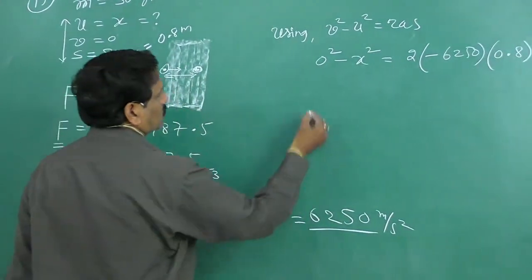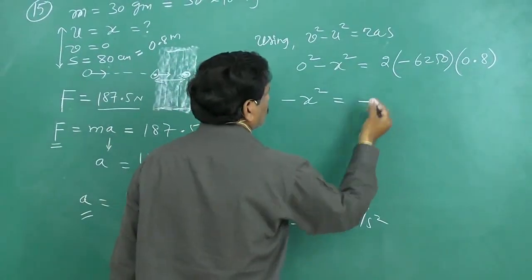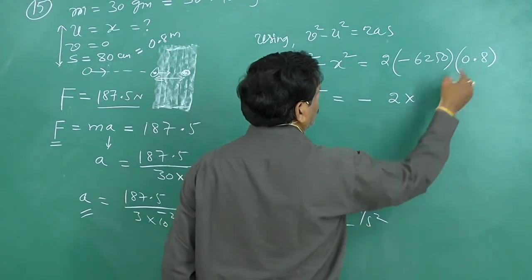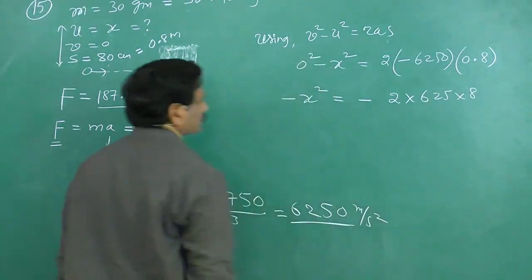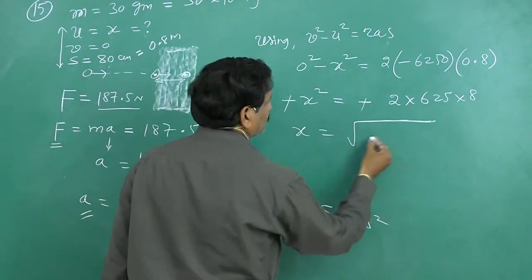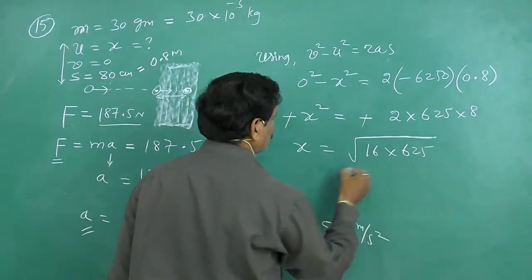So minus x square is equal to minus 2 into 6250 into 0.8, and the point cancels. So this is 625 into 8. Minus cancels, then x is equal to root of 2 into 8, 16 into 625.